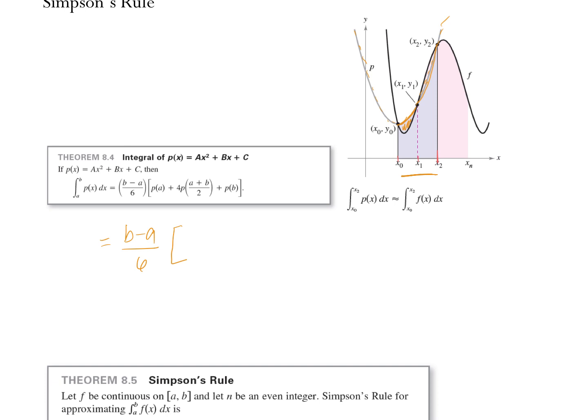But if I'm going from x0 to x2, instead of b minus a, I can call that x2 minus x0. Is everybody with me so far? Okay.